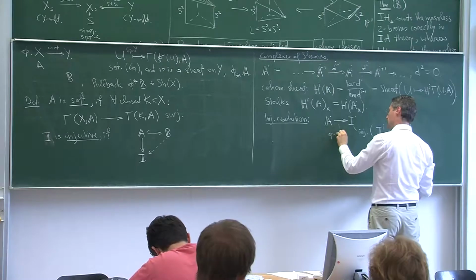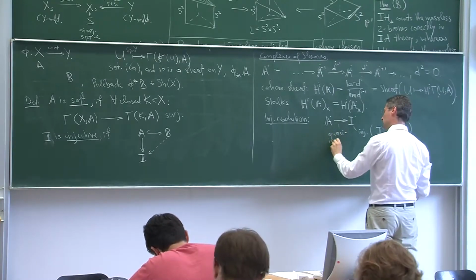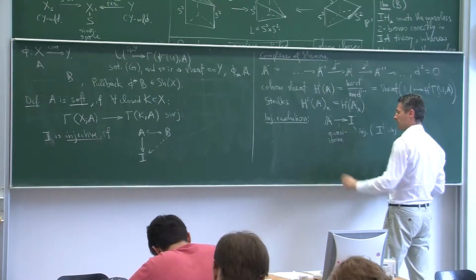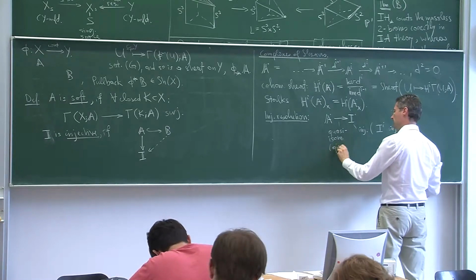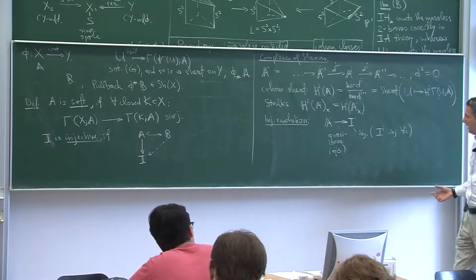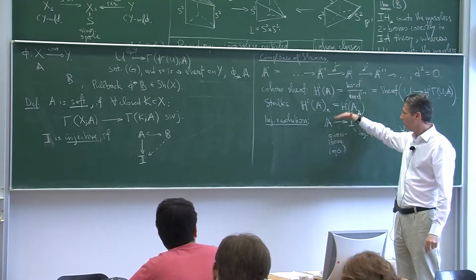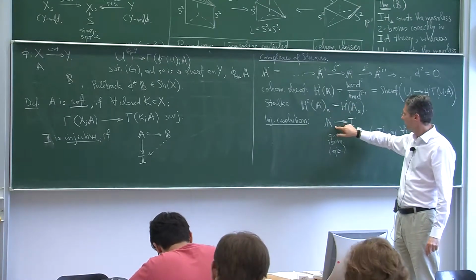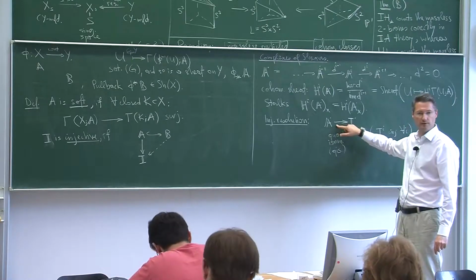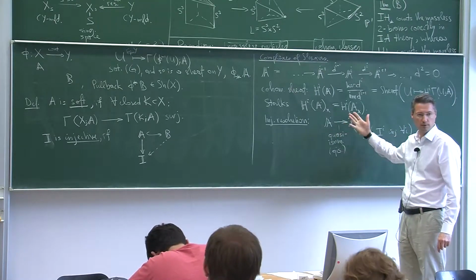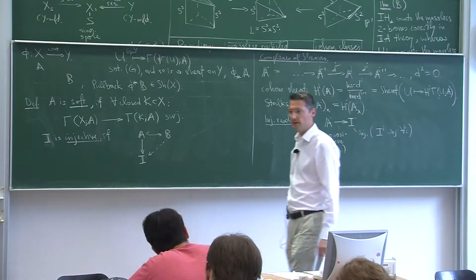And what is this? Quasi-isomorphism. I'll often abbreviate this by QIS. And this means that on the cohomology sheaves, on all cohomology sheaves, this map induces an isomorphism. Okay? That's often called a quasi-isomorphism.